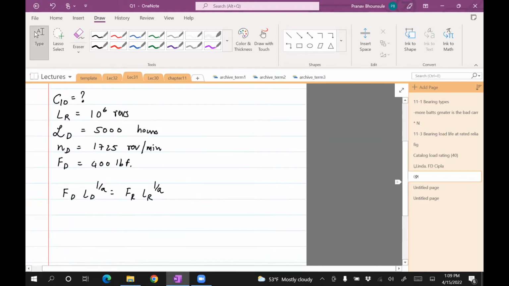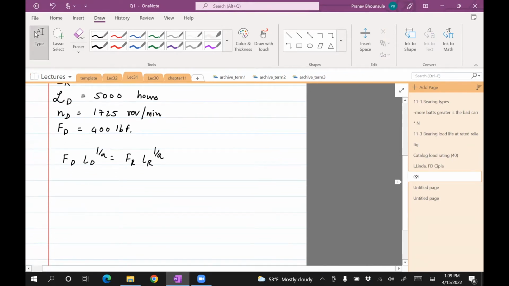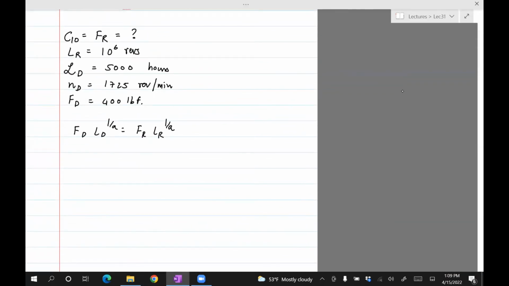Now in this case, C10 is nothing but the F_R, the rated load. So let's write in terms of F_R. F_R is F_D times L_D divided by L_R, to the 1 over a.